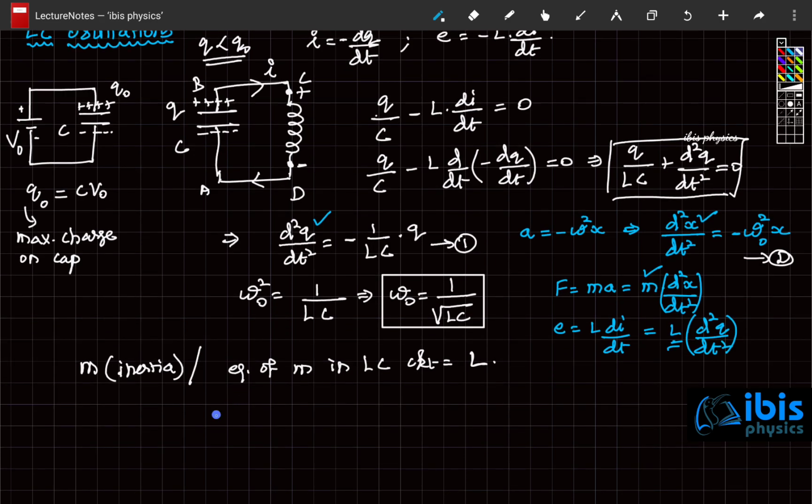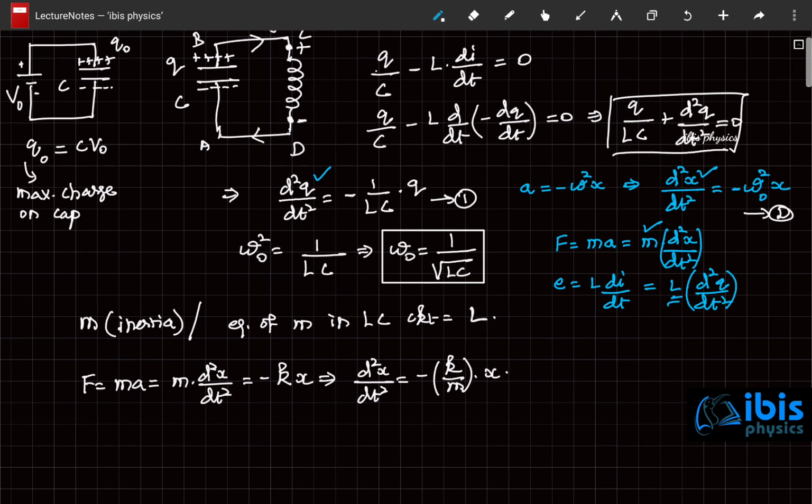We also know that F is equal to ma, which is m into d square x by dt square, as in a spring oscillation. If a spring is involved, force is equal to kx, which means d square x by dt square is equal to minus k by m into x.